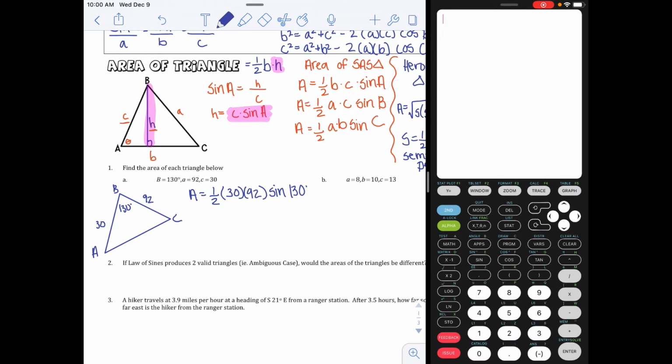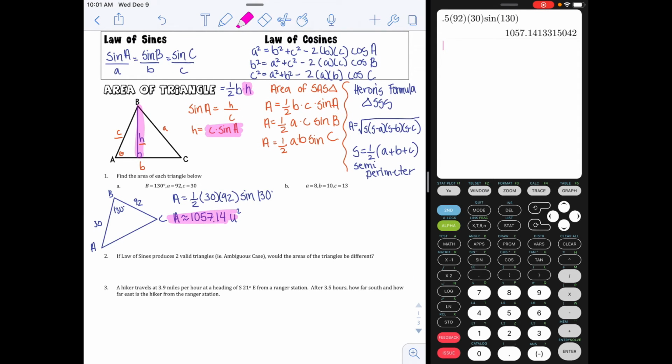Plugging this into my calculator, 1/2, I want to double check, I have it good, 92, 30, sine of 130, and I got my area. Let's go hundredth again. So 1057.14 area, guys. I don't have units, so I'm going to represent it by units squared. And that's my final answer.